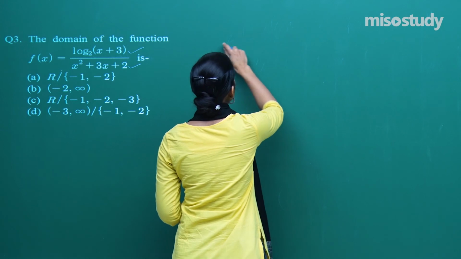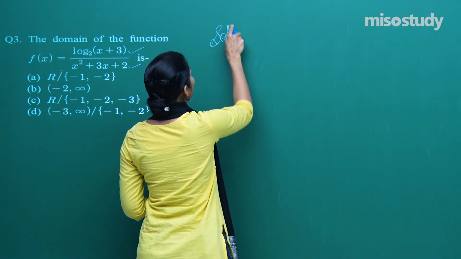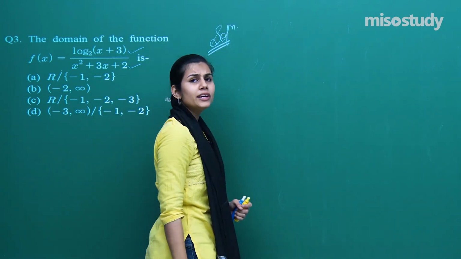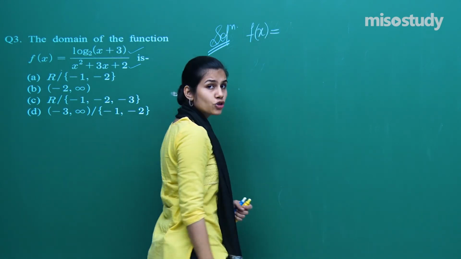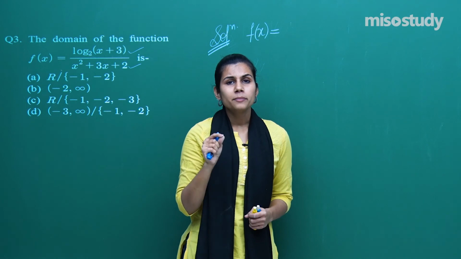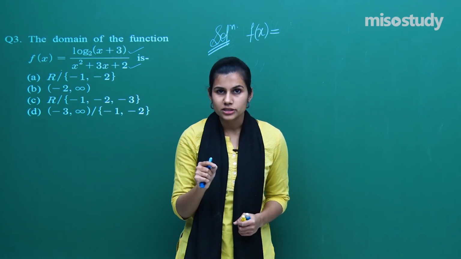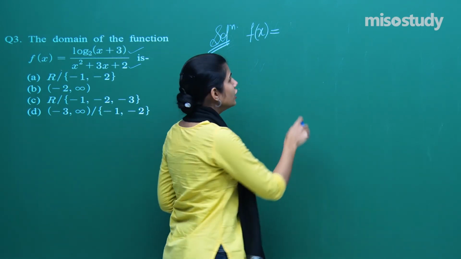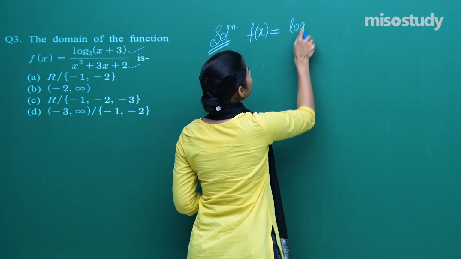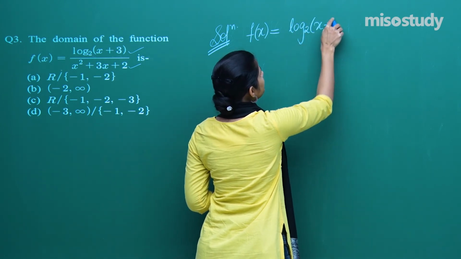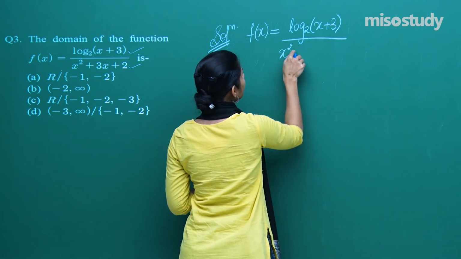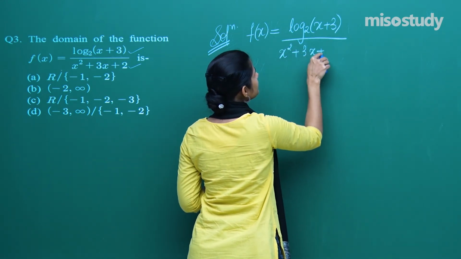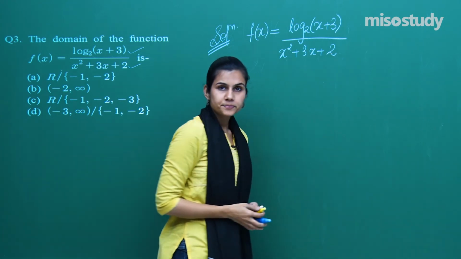Now if you remember, while confronting many of the rational expressions in the chapter on functions, I told you where the problem comes in rational expressions. Over here I have log to the base 2 of (x plus 3) whole upon x square plus 3x plus 2.